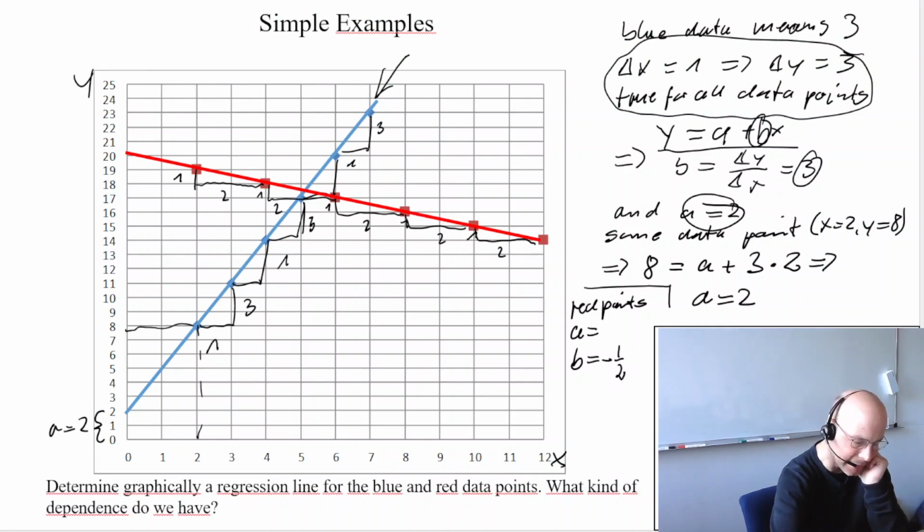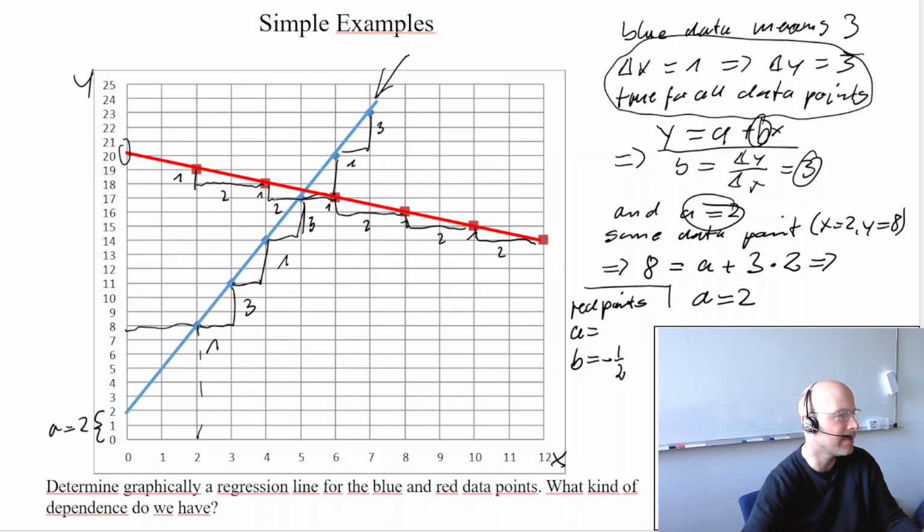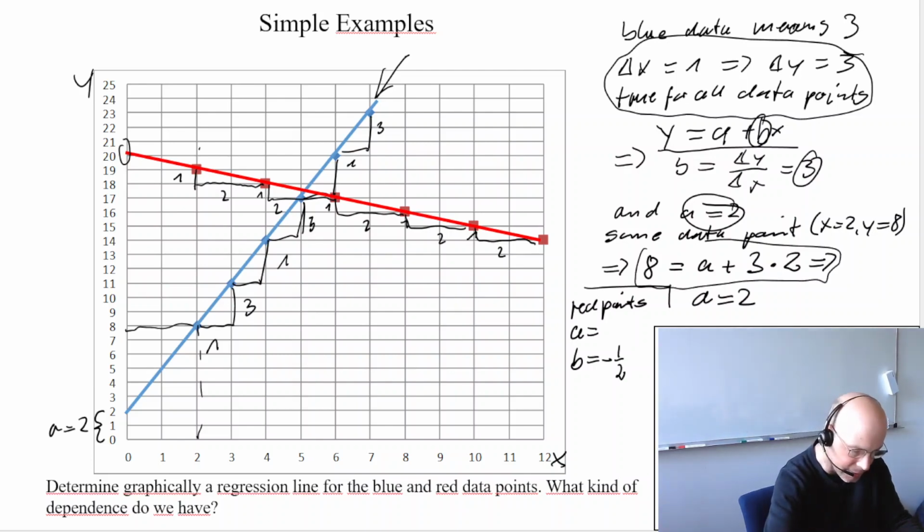And for A, well, we already see it, that it is 20, but this is only done by hand. So by hand, this could also be that the true point is 20.1 or something like this. But again, we can insert some data point. This data point would be x equals 2 and y equals 19.